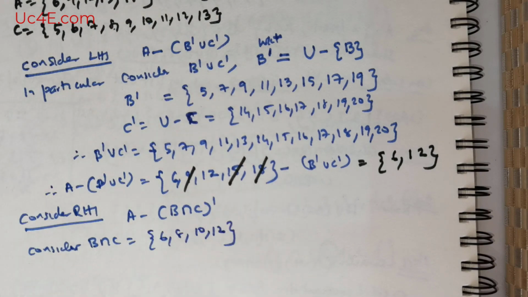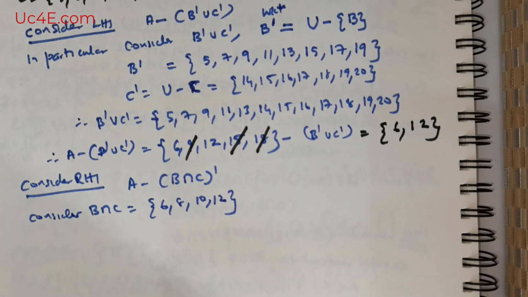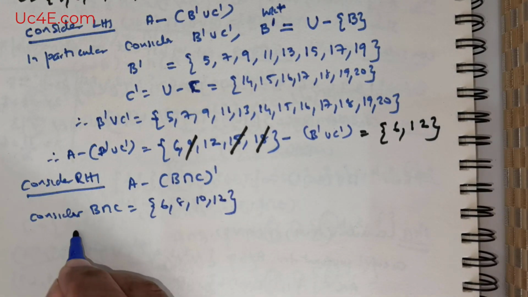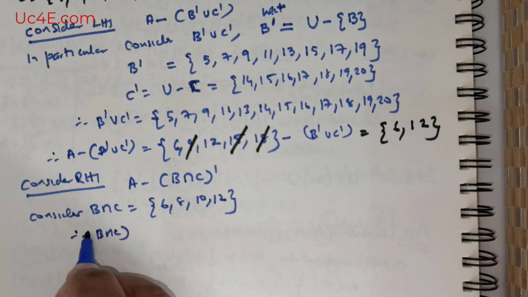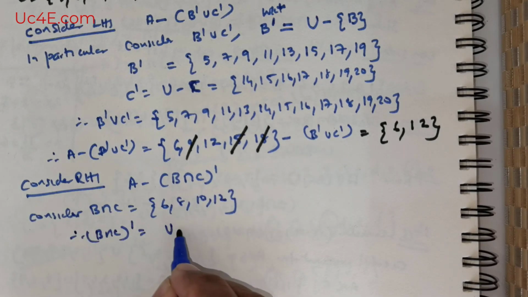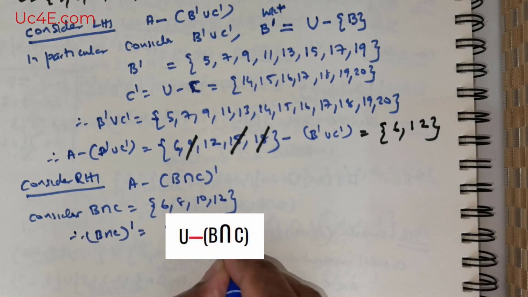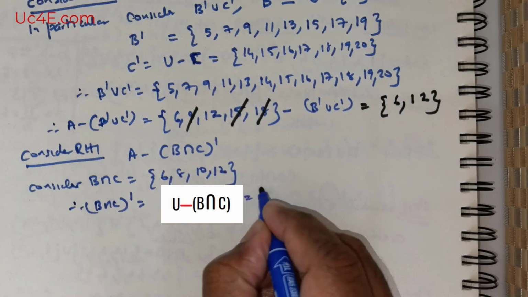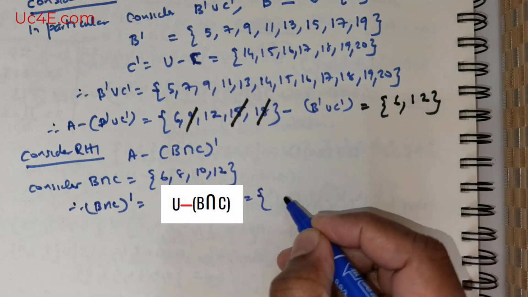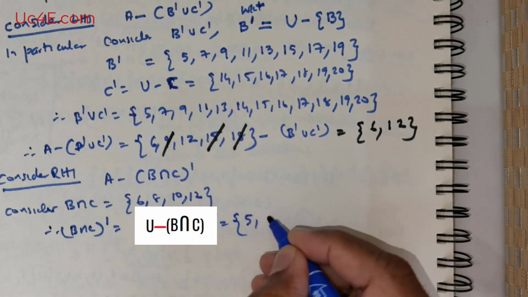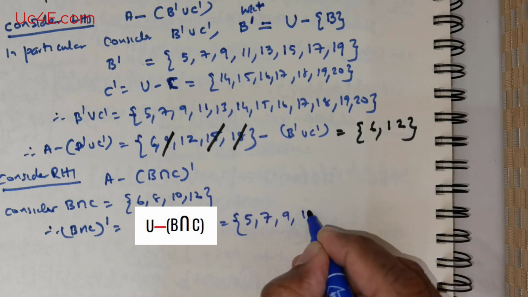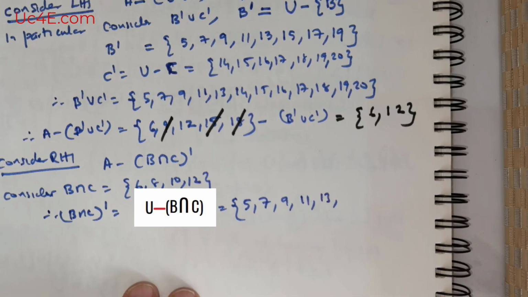Now this complement. So B intersection C complement means, from the universal set you take away B intersection C. So that would mean my set would now be 5, 7, 9, 11, 13.